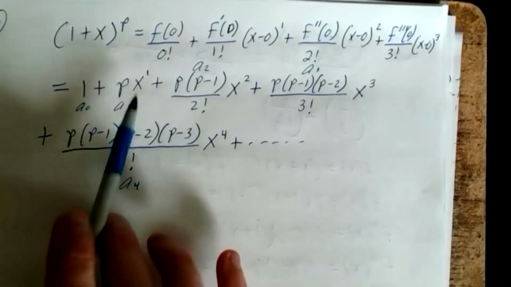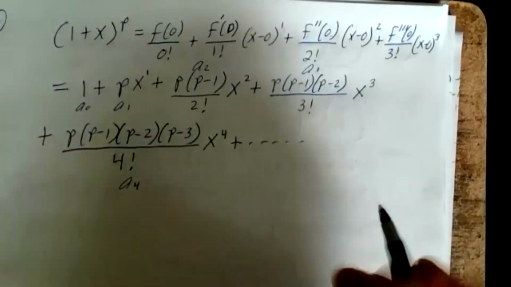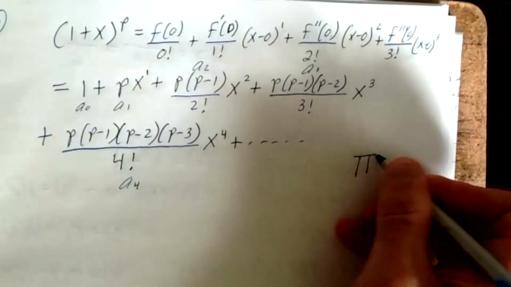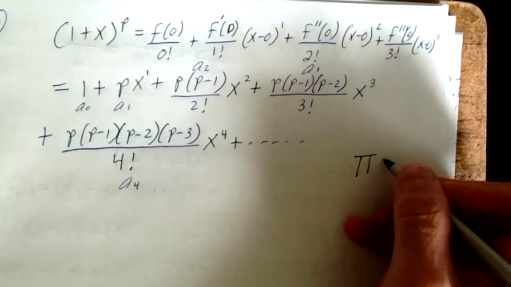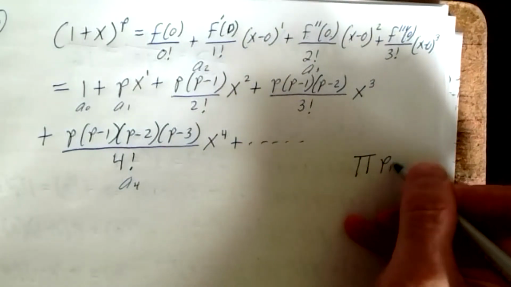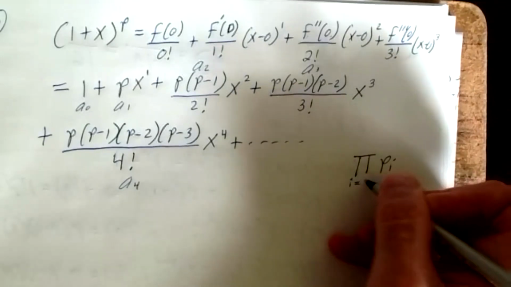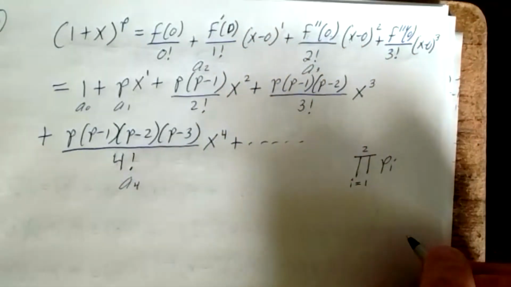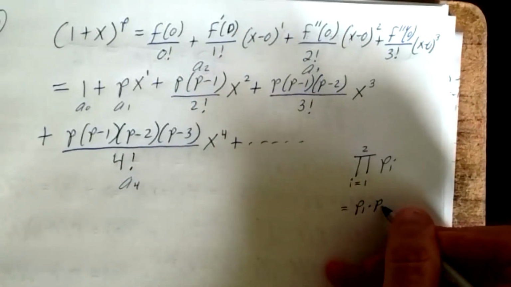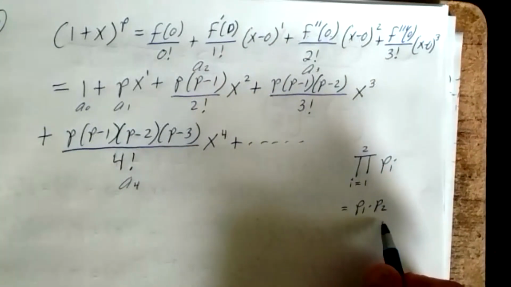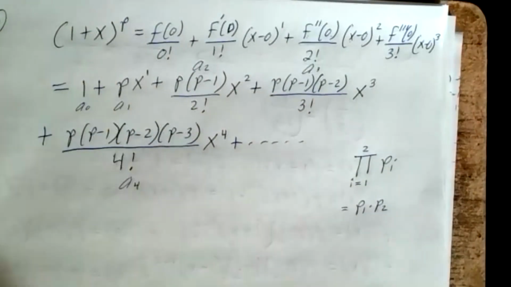I see notation with multiplication where, if you have p sub i goes from 1 to 2, I believe this means p sub 1 times p sub 2. But these keep getting decreased by 1.